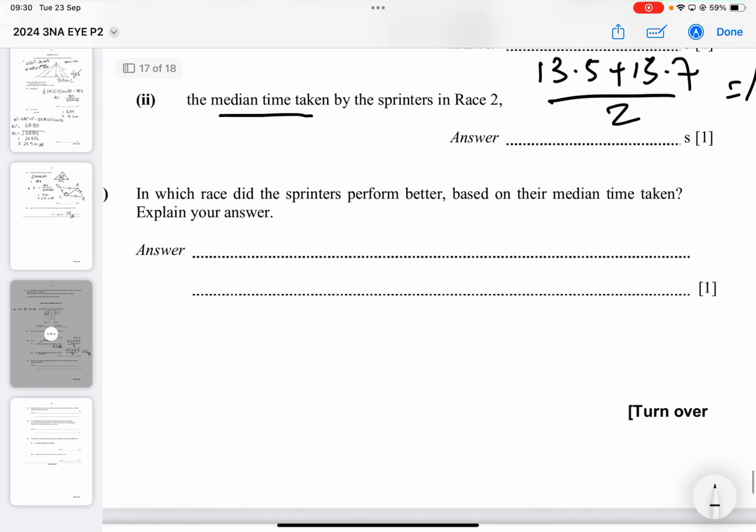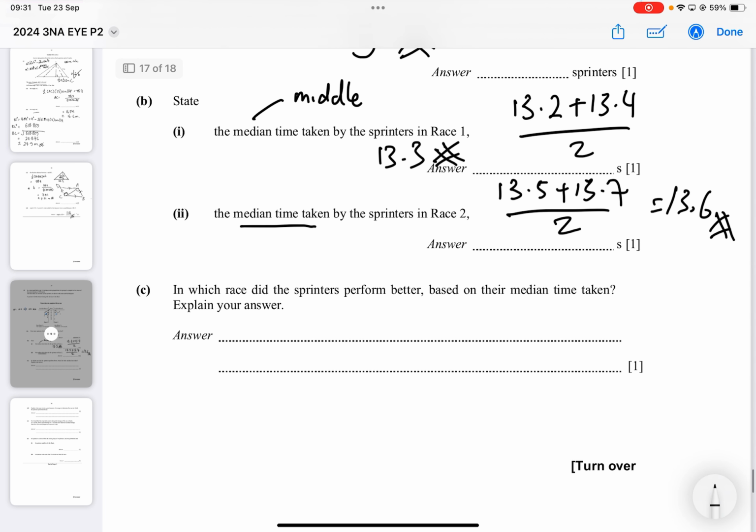Then we can compare whether race 1 or race 2 is better by comparing their average. And in this case, we compare their median. So on the median, whoever takes shorter time means faster. Okay? So when we compare, race 1, 13.3. Race 2, 13.6. So on average, sprinters in race 1 were faster. So which race sprinters perform better? Race 1, no? Okay?